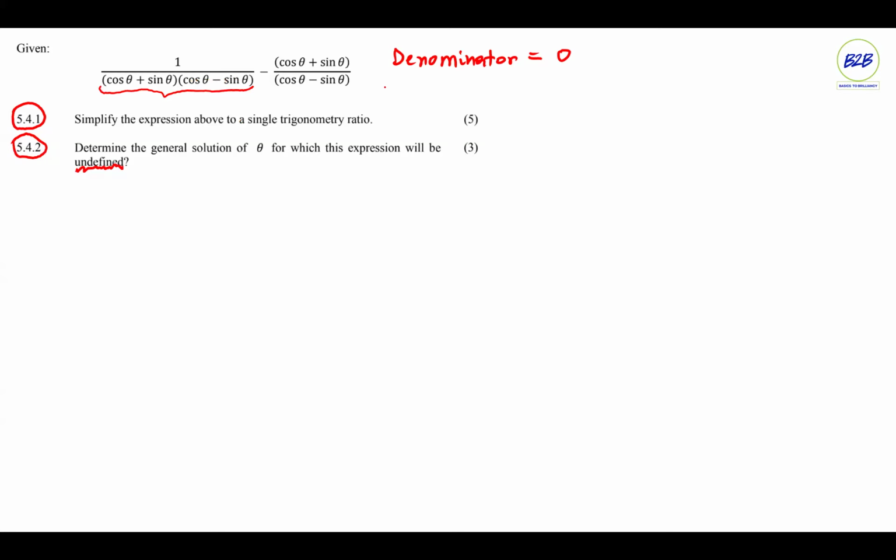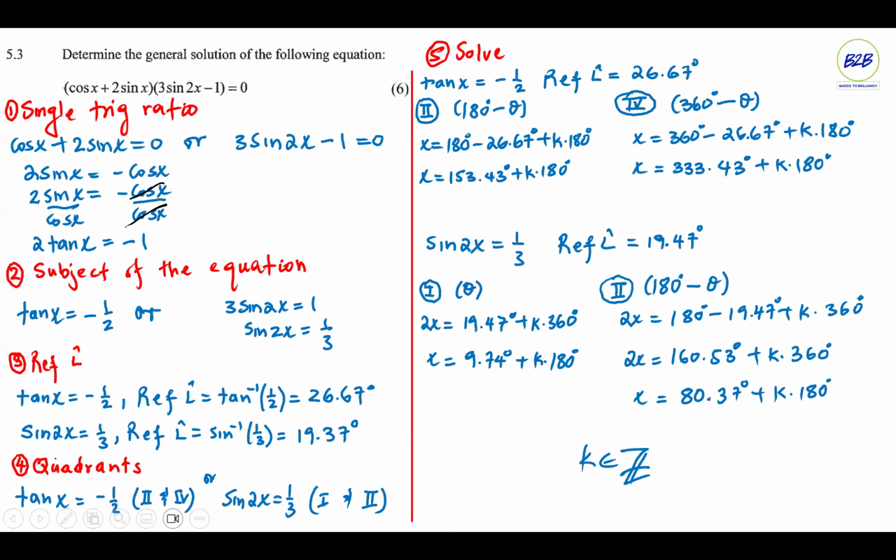So we can just take the first denominator, cos theta plus sine theta times cos theta minus sine theta, and equate all of that to 0. Then from there we determine a general solution. It's very similar to the previous question.